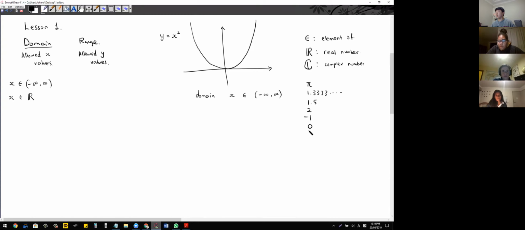Even square root 2 is also a real number, okay? So we can plug in any number into the x, so that's why the domain for this function is like that. Another way of writing the domain is x is between negative infinity and infinity. Does everything make sense so far?